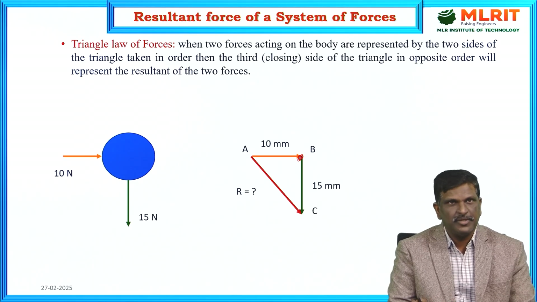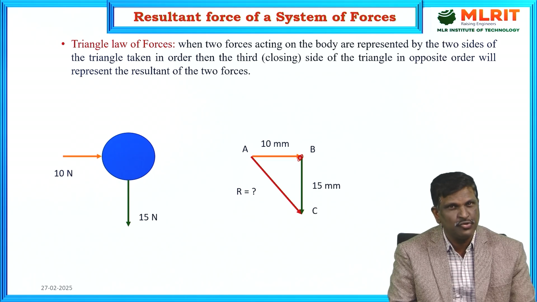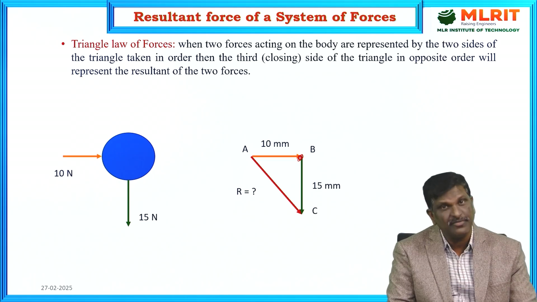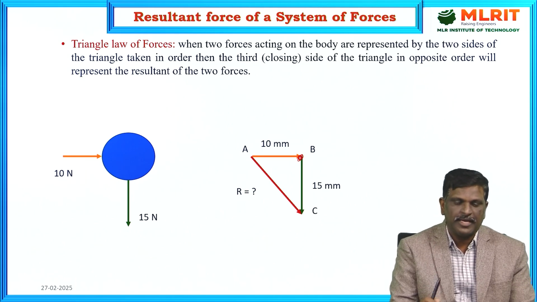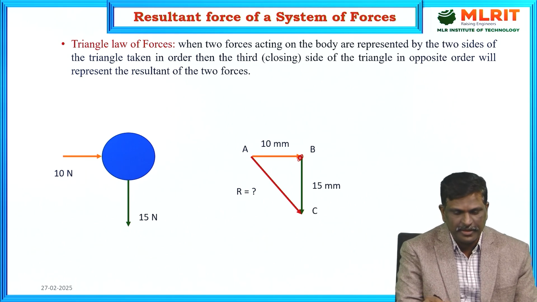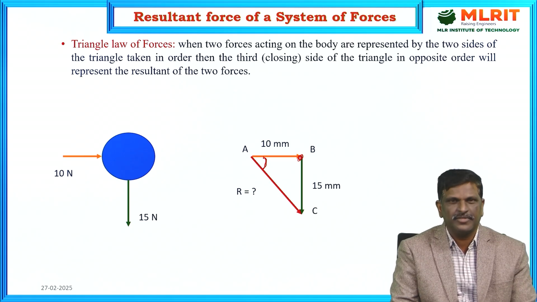That means by using the triangle law, if we want to find the resultant of these two forces, we need to draw two adjacent sides of the triangle in order and measure the third side by using a steel rule, and that length will represent the magnitude of the resultant, and also the angle made by the resultant with any one of the forces will be the direction of the resultant.